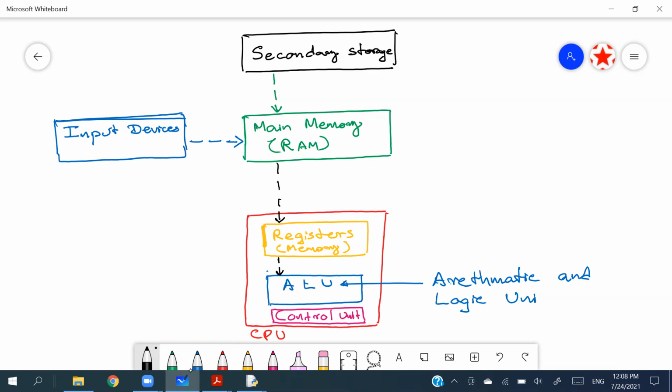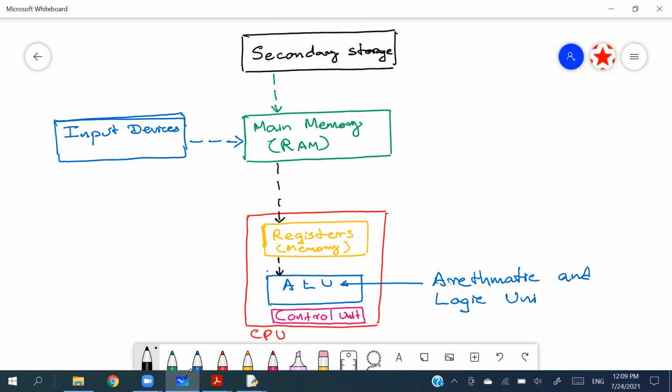And remember, the main memory is getting lots of instructions, and it is careful to send the data and instruction one by one to the registers, because register memory is the smallest memory in the computer system.